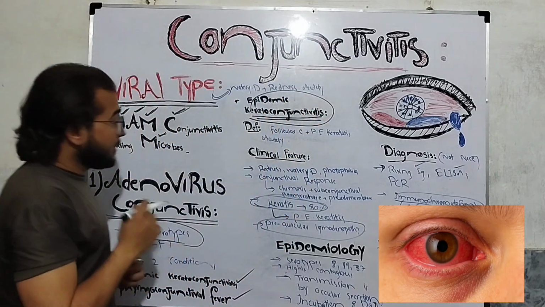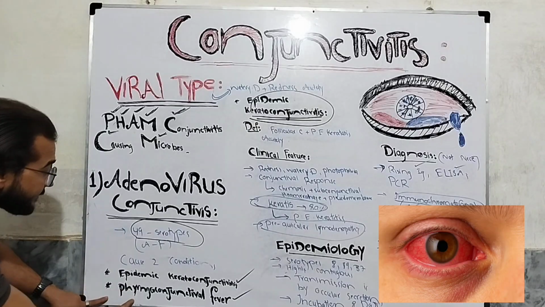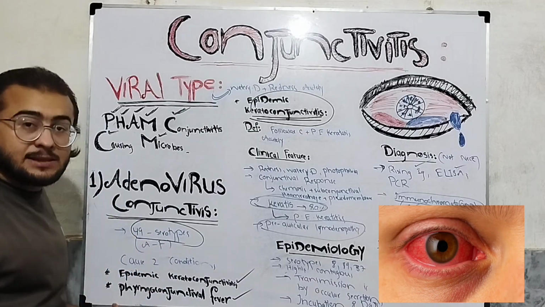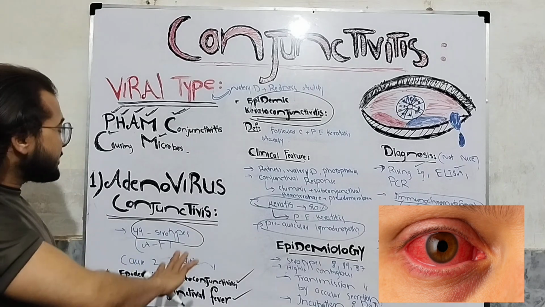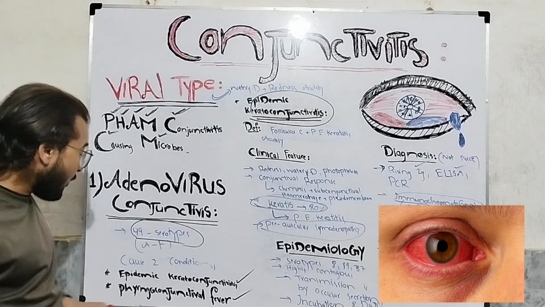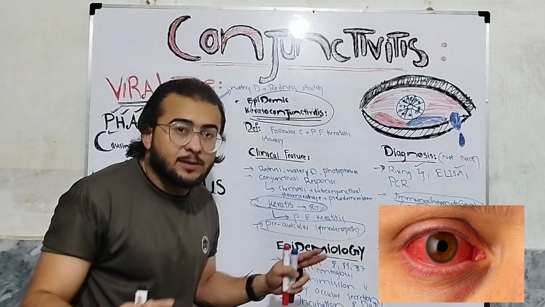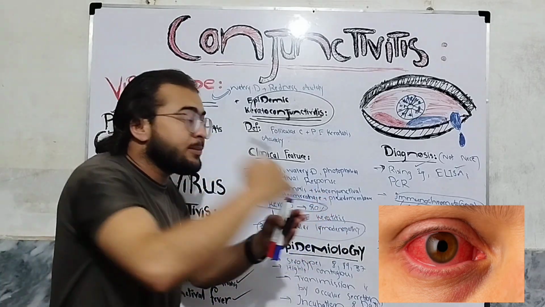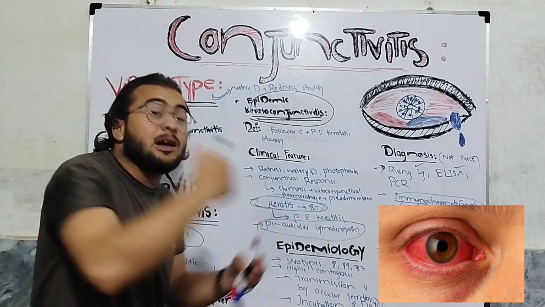Now another condition is pharyngoconjunctival fever; adenovirus also causes this condition. Epidemic keratoconjunctivitis and pharyngoconjunctival fever are mostly similar in clinical features, treatment and etiology.